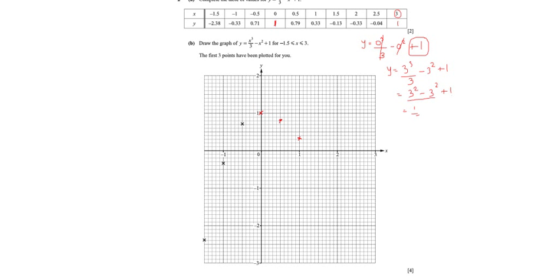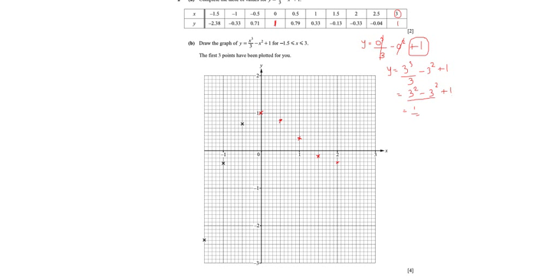Okay, the next one is 1.5. For 1.5 it's minus 0.13, somewhere here, because the first line is minus 0.1, so just below that. Then when x is equal to 2, it's minus 0.33. We already have a 0.33 here, so on that line somewhere here.